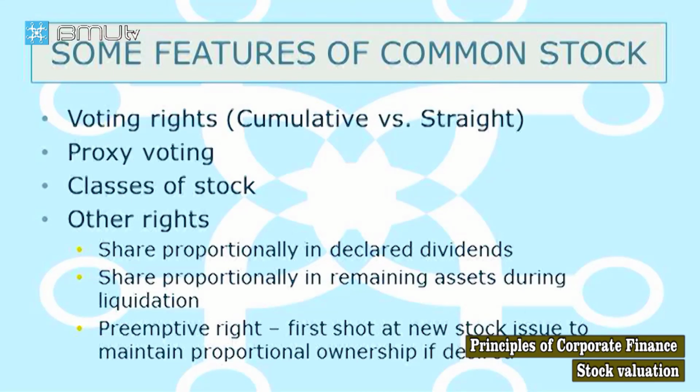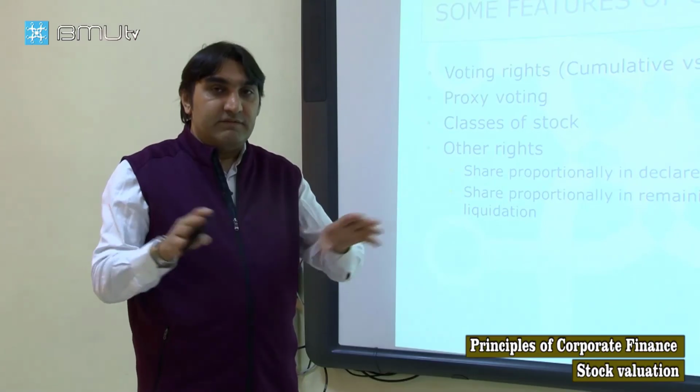Proxy voting: if you cannot come to board meetings, you may assign a proxy to vote on your behalf. Stocks may be classified, for example, class A, B, C, and others, due to companies' financing decisions and how to divide the ownership.